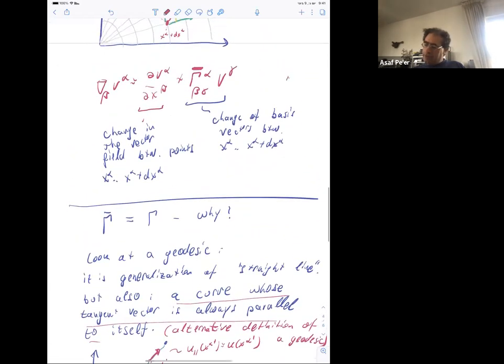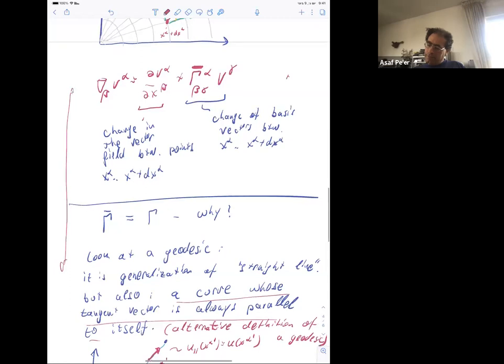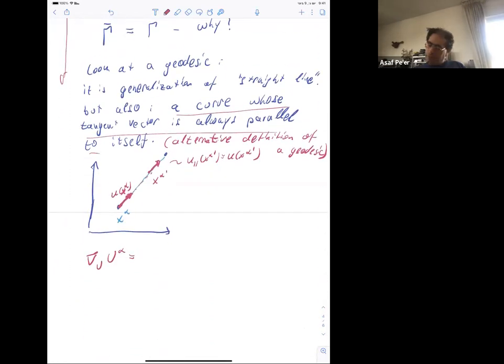So let me just copy from here. Just U beta du alpha over dx beta, plus I said that there's this extra linear term, gamma alpha beta gamma, u gamma. And this must be equal to 0.